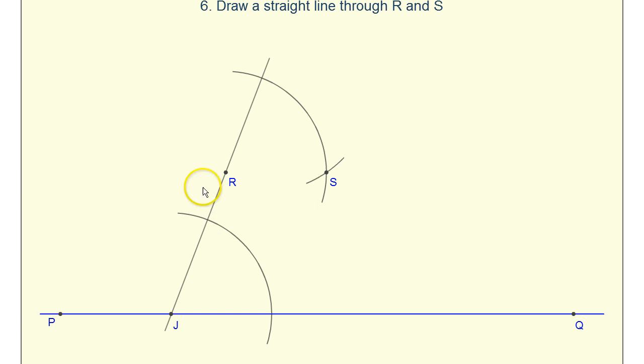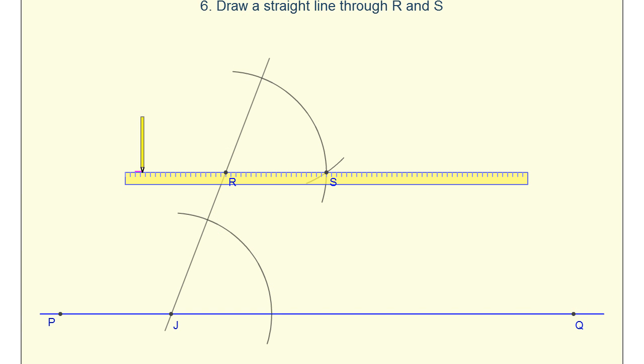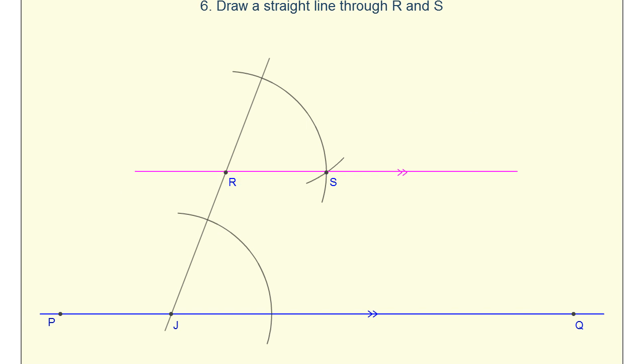Because all you have to do is connect, and guess what you get? You get a parallel line. Because what do you know about corresponding angles of parallel lines that are cut by a transversal? They're congruent. So it's sort of using that postulate, but not exactly, because that postulate tells us that we have parallel lines to start with.